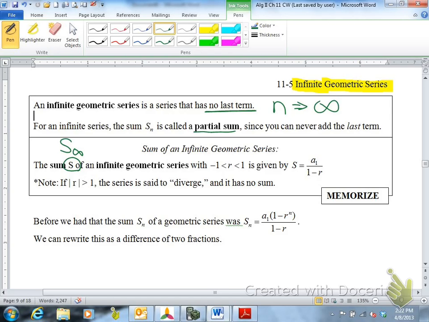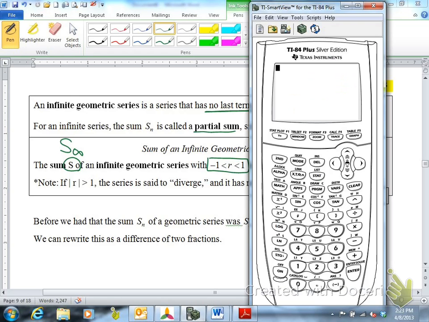The sum S of an infinite geometric series, when r is between -1 and 1, is given by this formula. It's the shortest formula that we have, so it's really easy to memorize, but it's only valid when r is between -1 and 1. That's because, let's take an r value of 0.5, for instance.